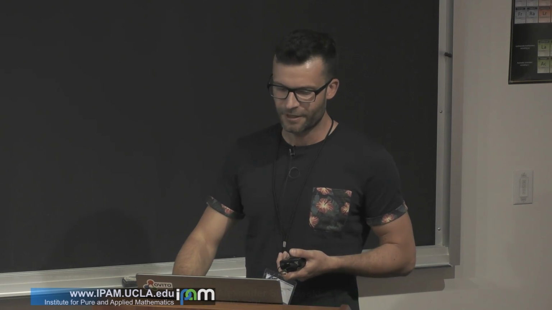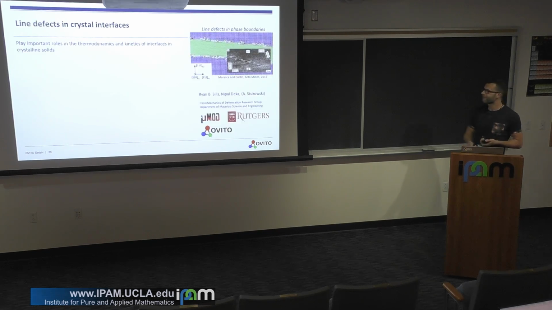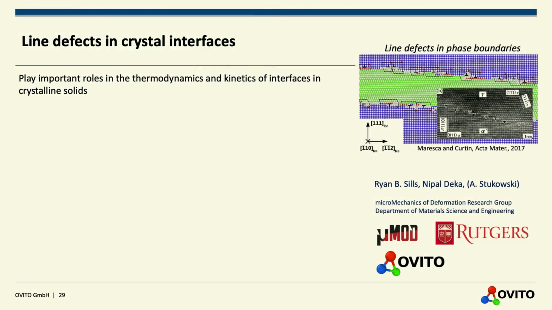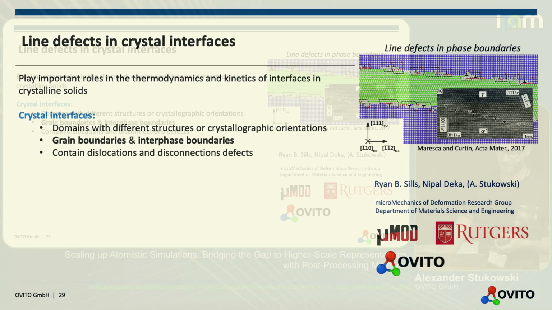Now I want to speak a little bit more about the interfacial defects. Line defects in crystal interfaces play an important role for many materials phenomena. With crystal interfaces, we mean both grain boundaries, separating two crystallites with the same structure but different orientation, but also interface boundaries separating two different phases.